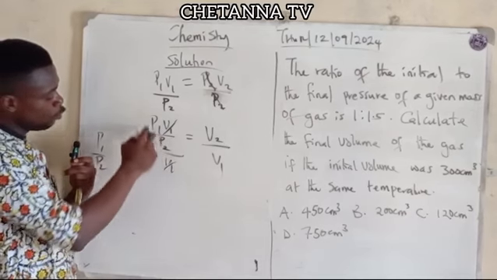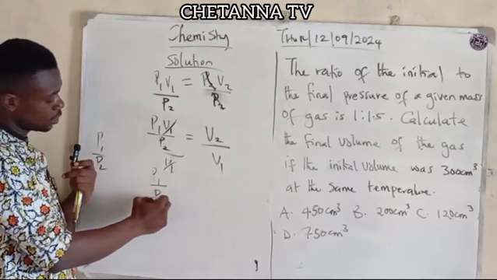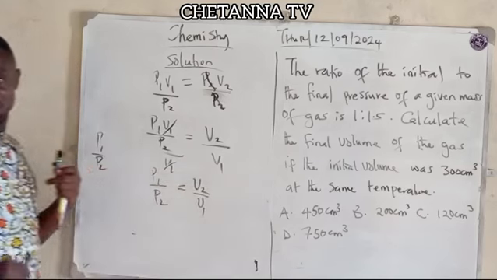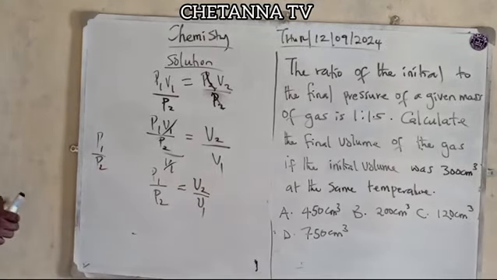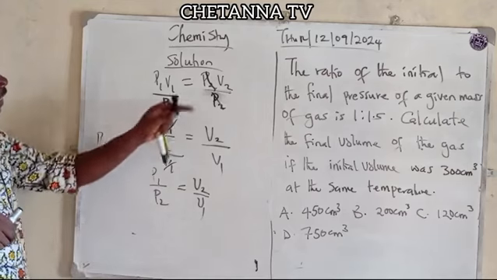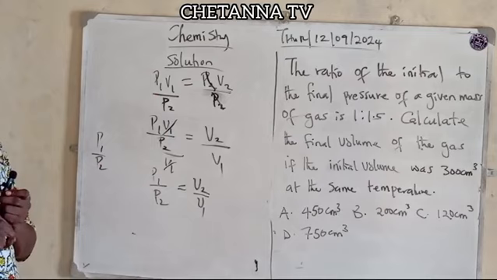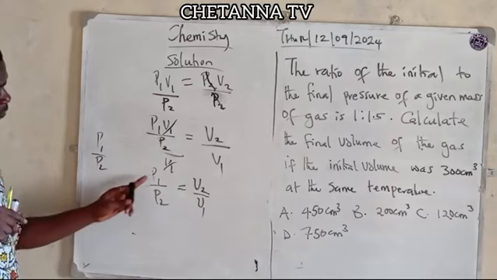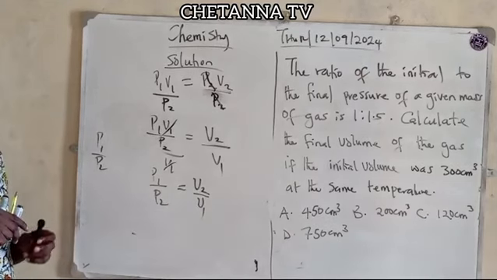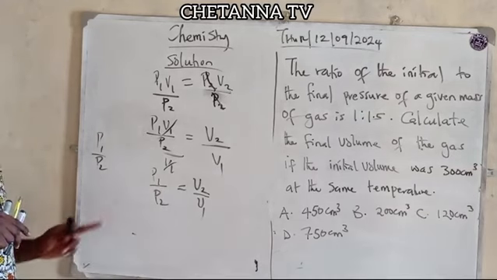So we will be left with P1 over P2 is equal to what? We have gotten what I'm looking for. If you apply it, you will get P1 V1 is equal to P2 V2. Are you aware? Is it clear? What we need, we just rearrange this to get it in this form, so we can solve this question properly.